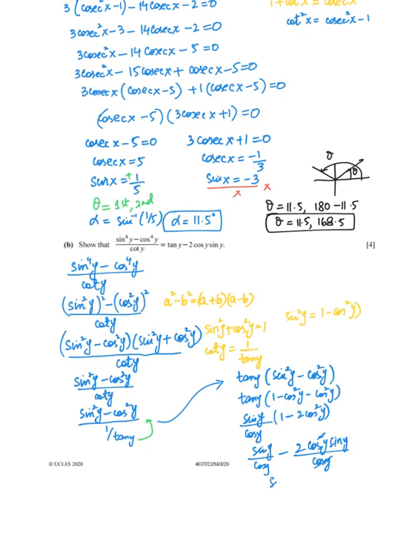So the leftover part is sin y divided by cos y minus 2 cos y sin y. Alright, and now sin y upon cos y, we know that it's tan y, minus 2 cos y sin y. Alright, and that equals the right hand side. We needed to show this one.